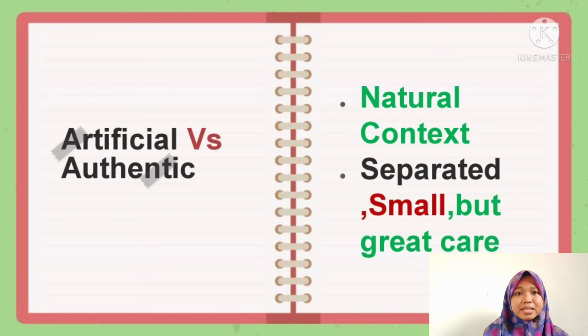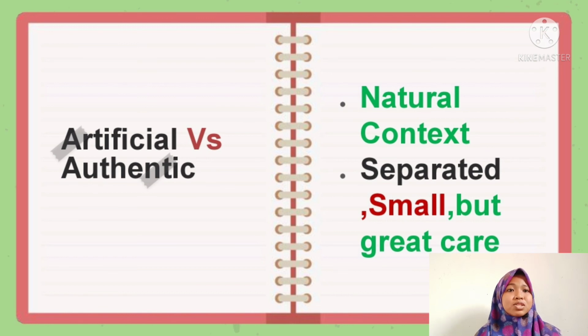And then the next, artificial versus authentic. If we talk about artificial, it means the context is constructed, where we test a language skill separately. If we talk about authentic, we talk about natural context.